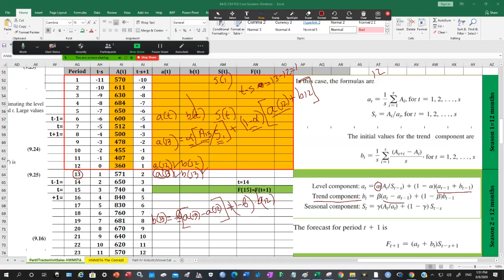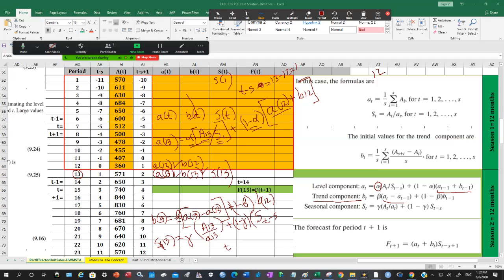Then I want to find S of 13, the seasonal component. S of 13 equals gamma times the actual at 13 divided by the level at 13, plus 1 minus gamma times the seasonal of t minus s.